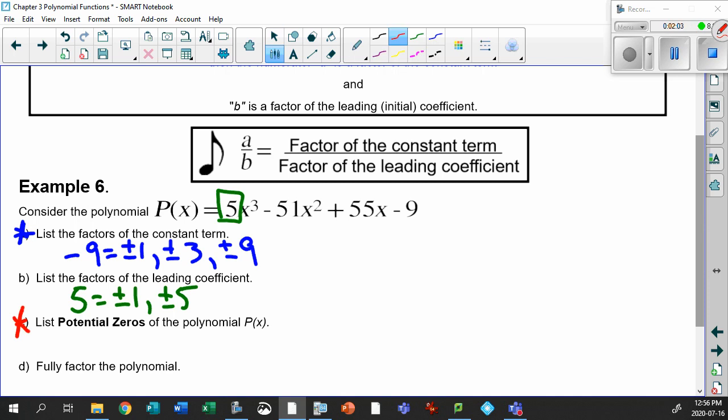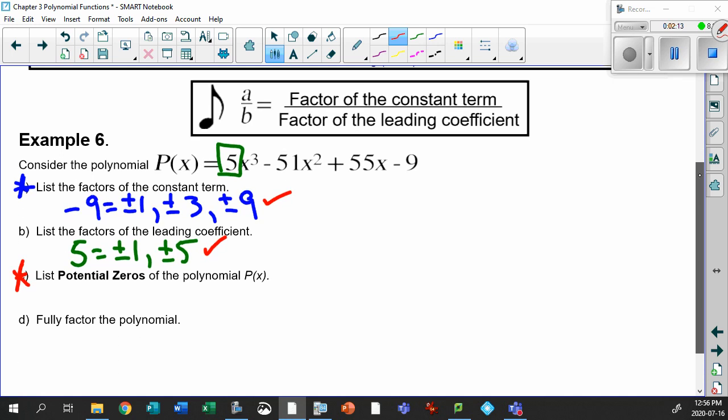Okay, so take all of these factors, divide it by all of these factors. Look at every possible combination you can get. What do I mean by this? Okay, watch. Real simple. Start with this one. There's the constant term. Divide it by the coefficient. So I can have plus or minus 1 over plus or minus 1. Okay, so a potential 0 then, right?